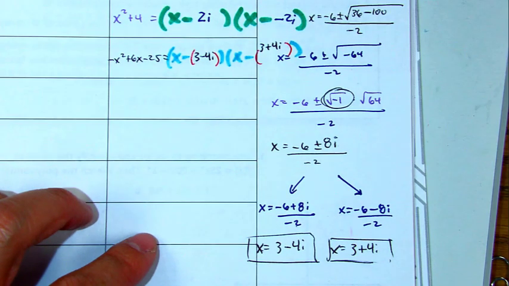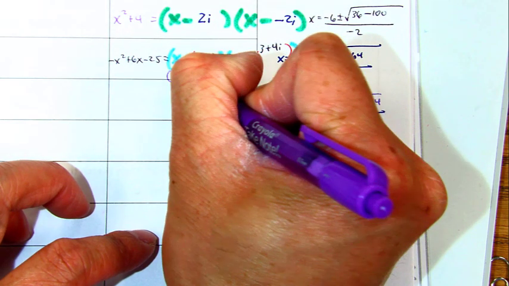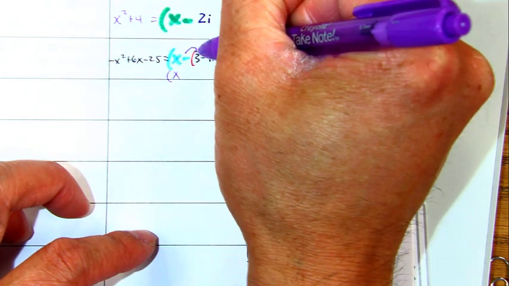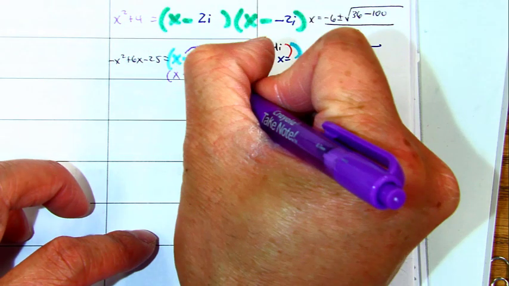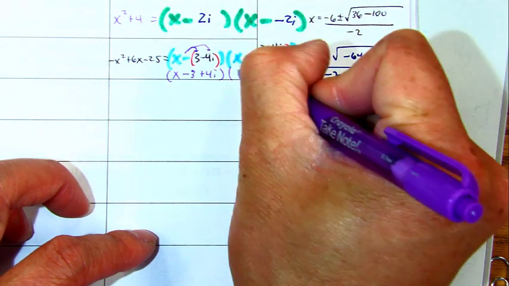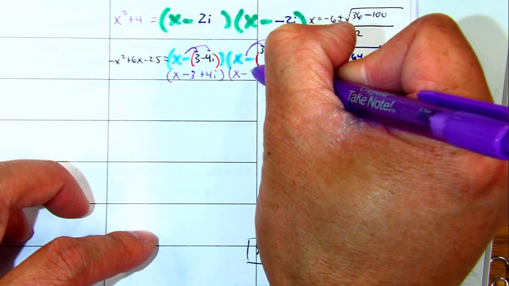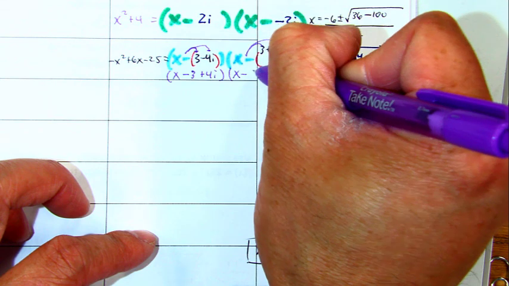And then if you actually wanted a complete answer, you would do something like this. You would distribute the negative sign, and you would get minus 3 plus 4i, and then again distribute the negative if you wanted to, minus 3 minus 4i.